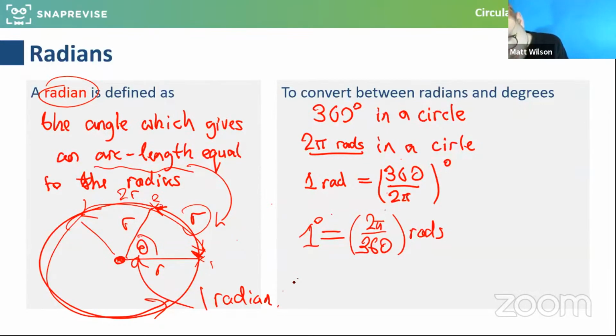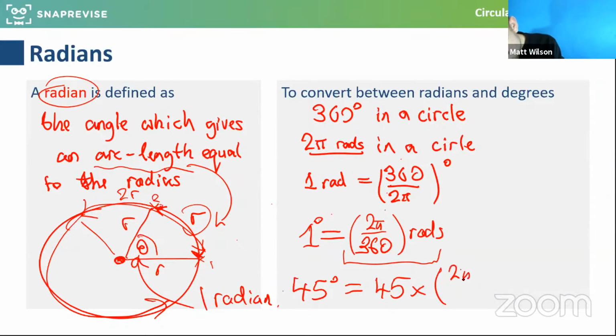Let's say I have 45 degrees. That's a classic angle. It's an important angle because it's a nice fraction of 360. And I want to know how many radians that is. How do I figure that out? Well, I know 1 degree is this many radians. So 45 degrees is 45 lots of 1 degree. So 45 lots of 2 pi over 360.